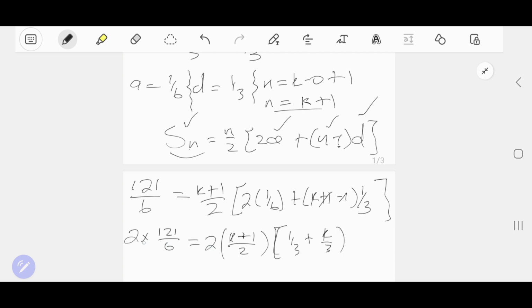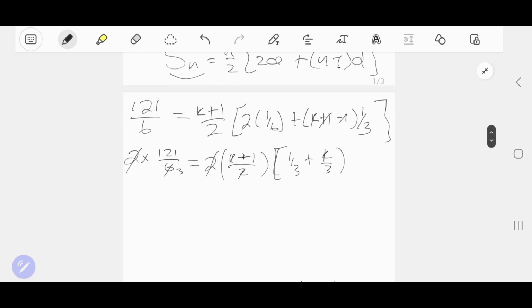Then this and this cancel out. Then we're having 1 over 3, times k plus 1. So here, people, you can choose to take away 1 over 3. You can choose to take away 1 over 3 again.